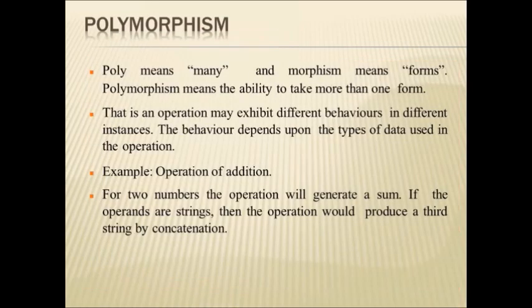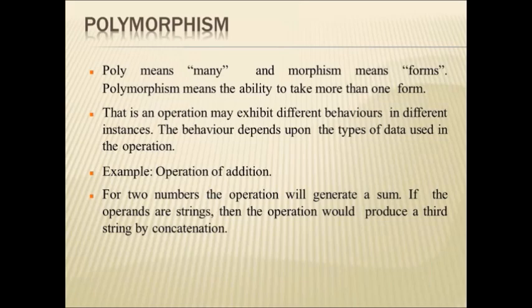And the next important feature is polymorphism. So polymorphism is a Greek word. The poly means many and morphism means forms. That is, the ability to take more than one form. If you consider the addition operation, the operator plus is used. The plus is used for adding integers.